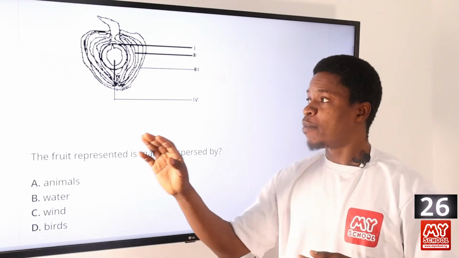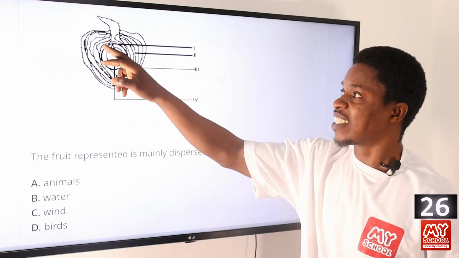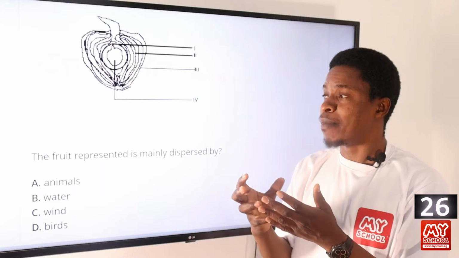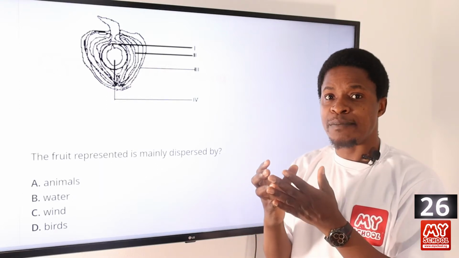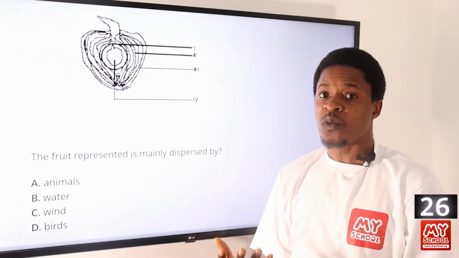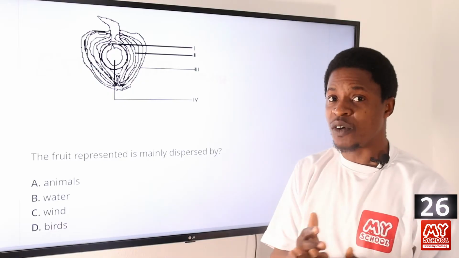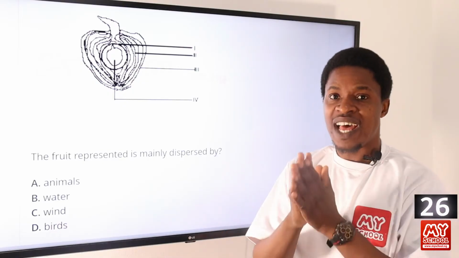But this coconut fruit might look heavy and bulky, because of the cavity in it, it tends to float on water. So water can easily move it from one place to another.